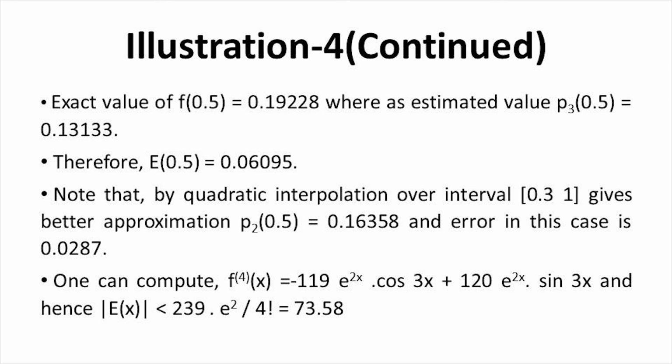Since your x varies between 0 and 1, the upper bound on the error will be given by something like 239 into e squared by 4 factorial, which amounts to be equal to 73.58 for all x between them. So, this is the bound on the whole interval 0 1, but you can see that the bound is very crude, as the value is 73.58, whereas the size of the error is roughly 0.06 or 0.02 and so on and so forth.